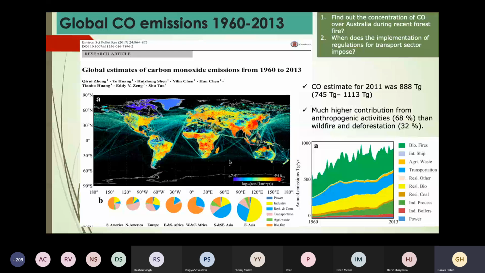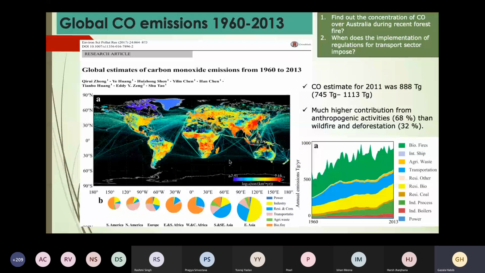Now, in the bottom figure on the right-hand side, you can see the contribution from different sectors, but the historical data is depicted. So, what do you think? Just focus on the transportation sector, which is bright blue.